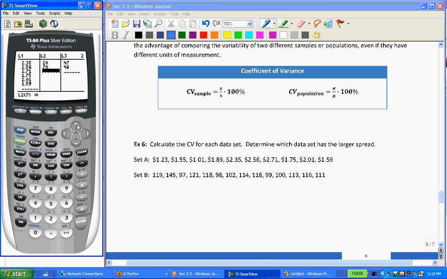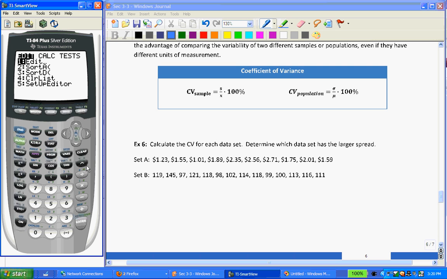I'm just going to do these at the same time. And 119, 145. Okay, so I have both of my data sets listed. So list 1 is my dollar amount, and list 2 is set B, which we don't know where it comes from, but just the regular numbers.